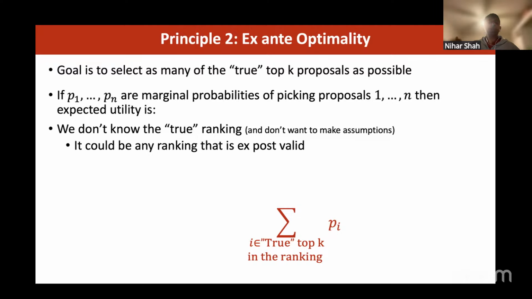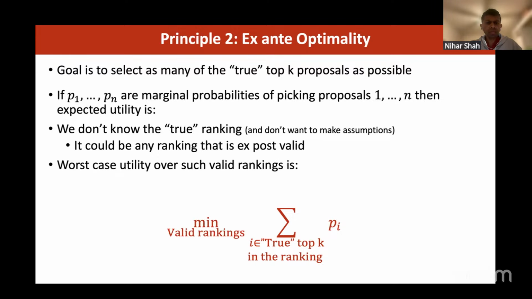But now we don't know what the true top K or the true ranking is, and we don't want to make assumptions beyond what the data says. This true ranking could be any ranking that satisfies ex post validity, because that's the data that we have. So we consider the worst case utility over all such valid rankings.